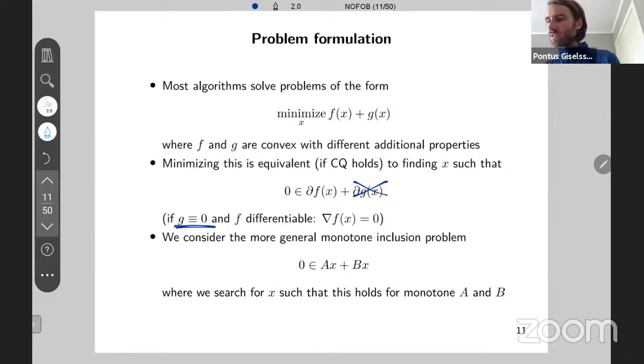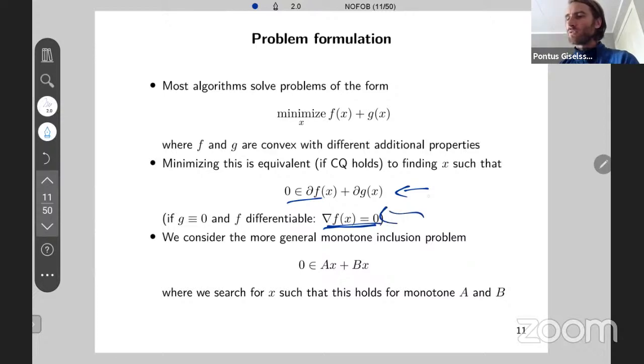We don't have g at all. And if f is differentiable, the subdifferential reduces to the gradient. And in that case, this inclusion problem just reduces to finding a point where the gradient is 0.